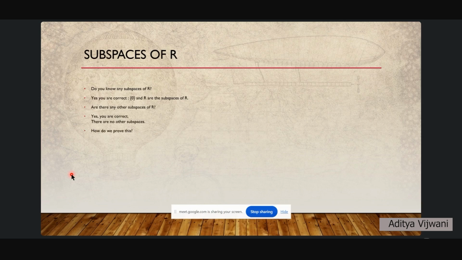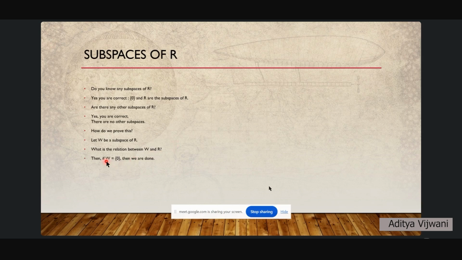But how do we prove this? To start with, let us take W to be a subspace of R. Now, what is the relation between W and R? Since W is a subspace of R, W will be a subset of R, right?